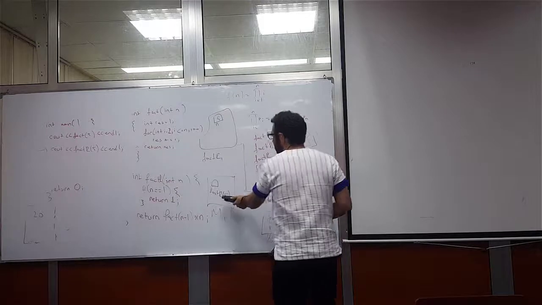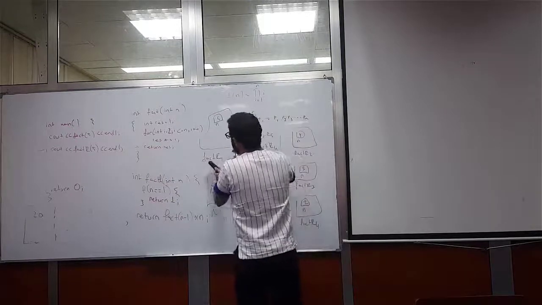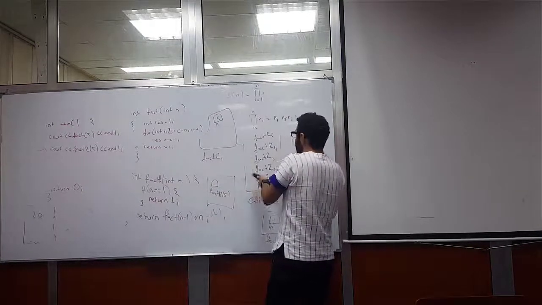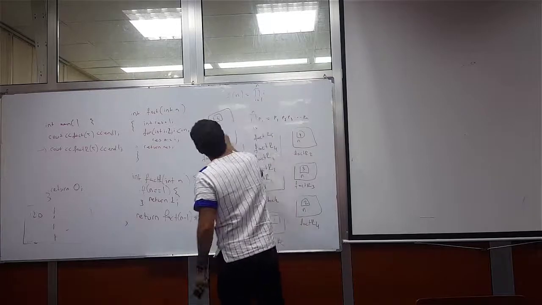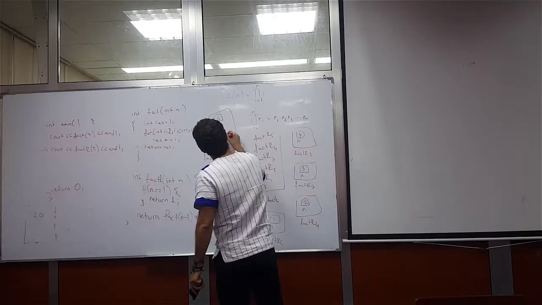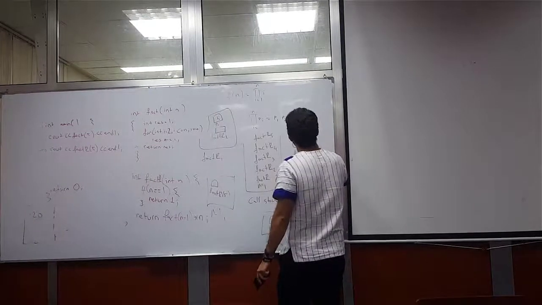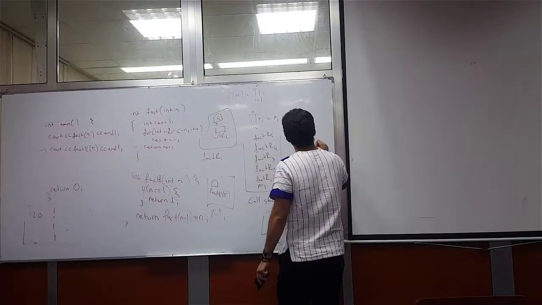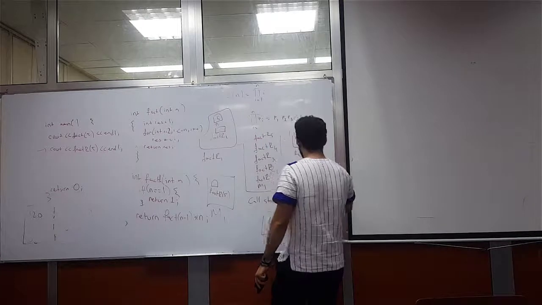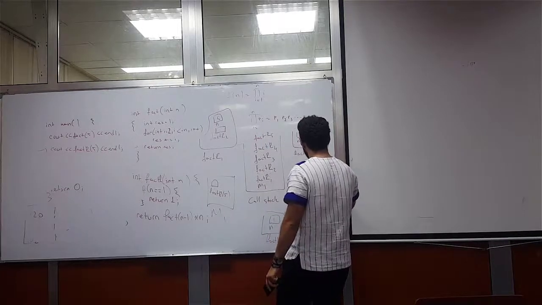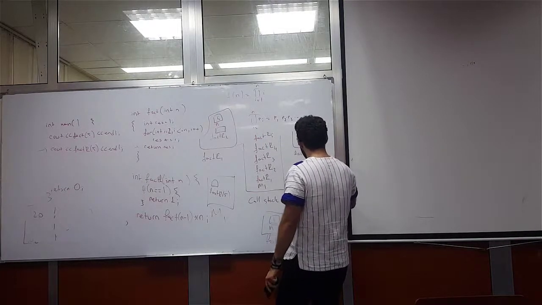Likewise, after we make this call and fact R1 made a call for fact R2, here we will have the fact R2 box. Here, fact R3 box. Here we have fact R4 box.